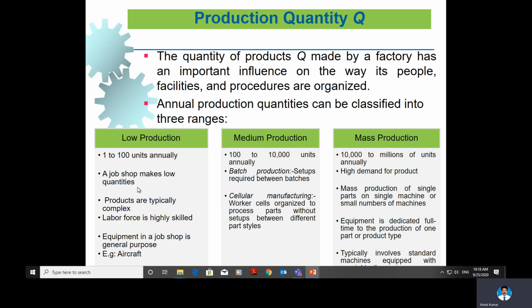A job shop makes low quantities. Medium production is normally 100 to 1000 products, produced in batches. Workers are organized to process parts without setups between different parts.